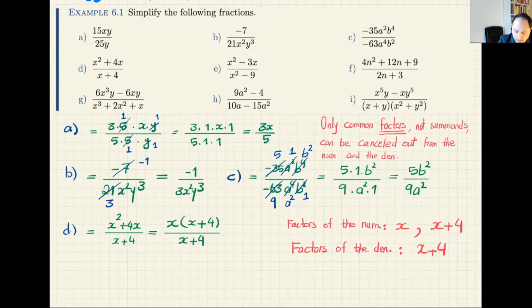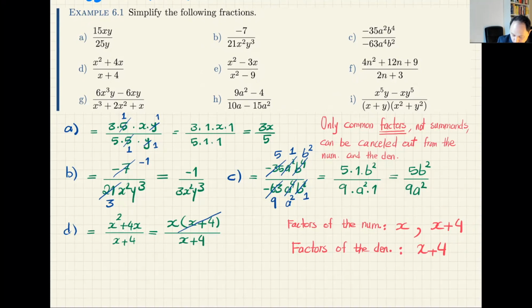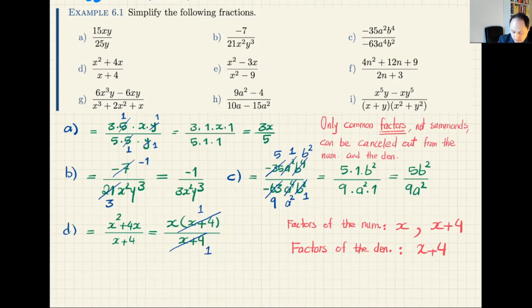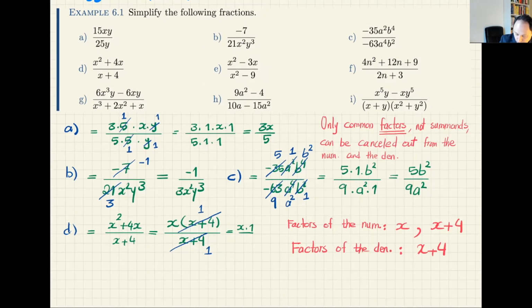So this means that I can safely remove this x plus 4 and x plus 4. Of course, when I simplify it, it means that 1 is left from here because I'm dividing. And then if I want to write it one more step, it becomes x times 1 divided by 1. You really don't need to write this step, and it's better not to write it. So the answer is simply x.